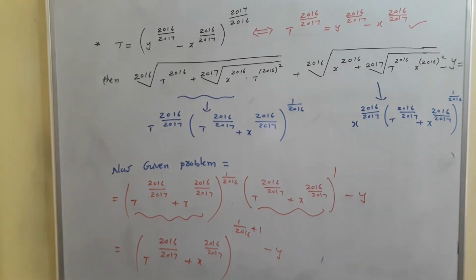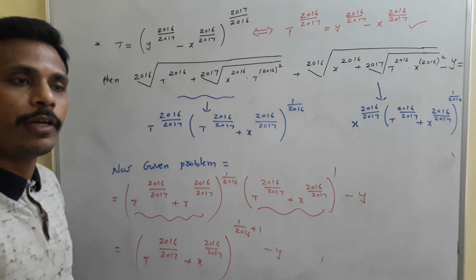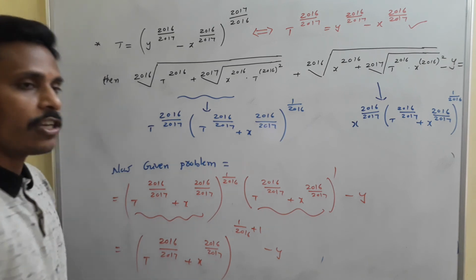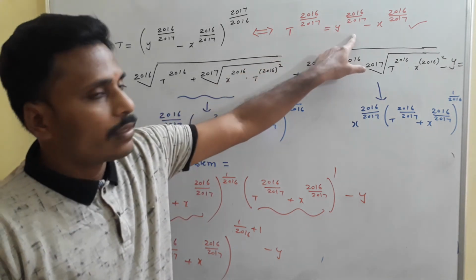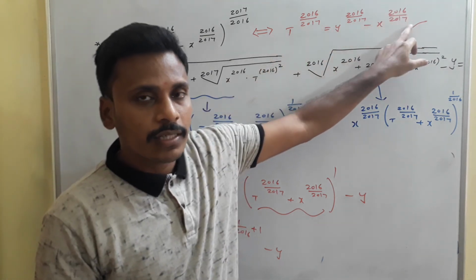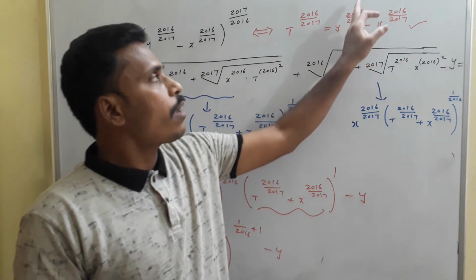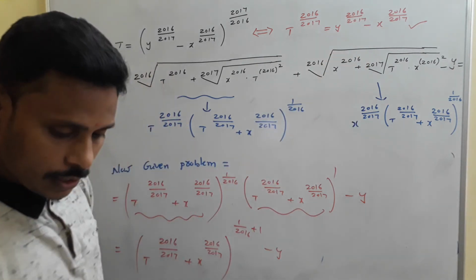Now, what to say about this t power 2016 by 2017 plus x power 2016 by 2017? This summation as given, see this is t power something, this is x power something, send this x term this side, so you will get this summation as y power 2016 by 2017.